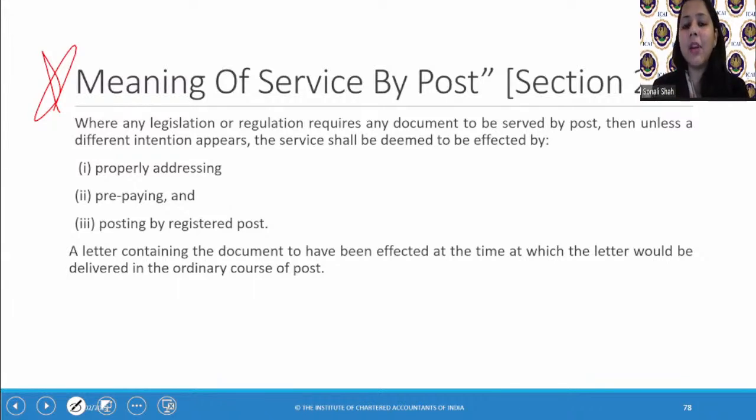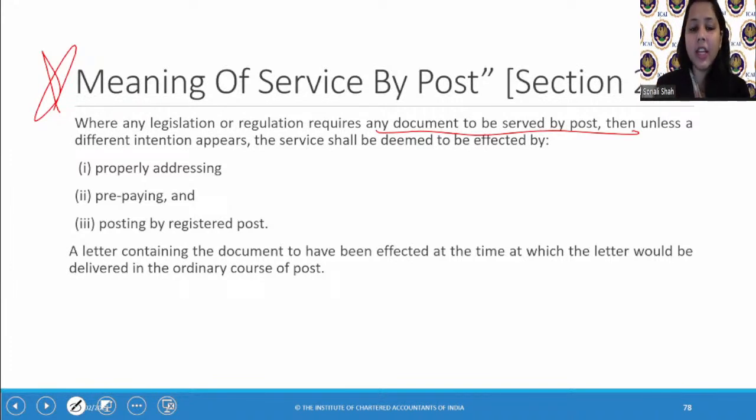Where there is a requirement for service of notice, you will get to see this word service by post used. Section 27 says, where any legislation or regulation requires any document to be served by post, then unless a different intention appears. How can the different intention appear? Different intention can appear as per the provision that has been provided in that legislation.